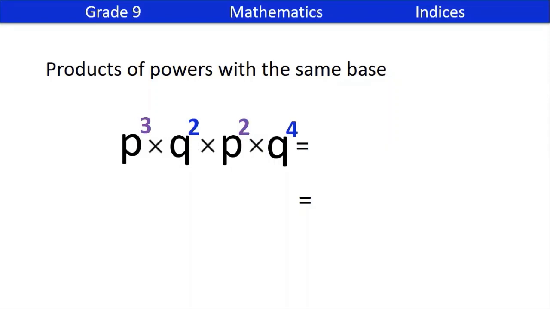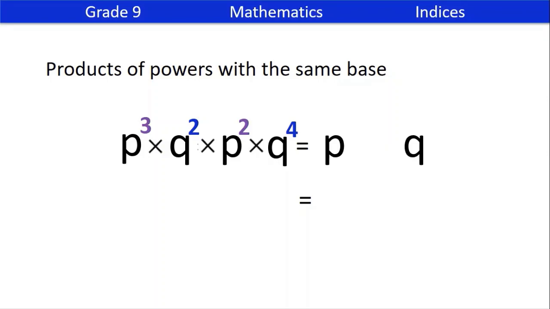Let's try out another example with the same law of indices. Here we need to multiply p to the power 3 by q to the power 2 by p to the power 2 and finally by q to the power 4. And guys, here we can see there are two bases, p and q.